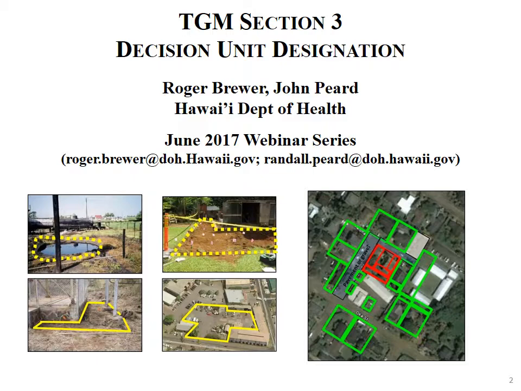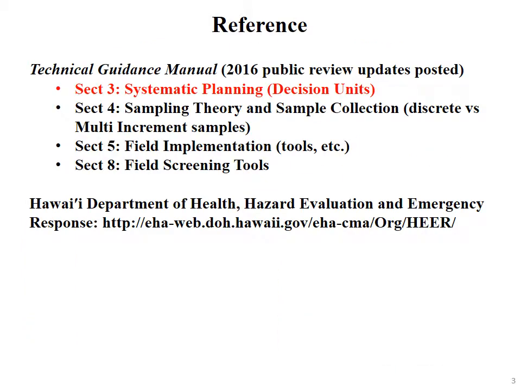We're going to go through a lot of examples of work mostly done in Hawaii, but in collaboration with other people in other areas of the U.S. The primary reference, again, for our presentations is Hawaii's Technical Guidance Manual. We're going to focus again on Section 3 today, systematic planning, and decision units are really the most important part of this section. You see the reference below with the web link.